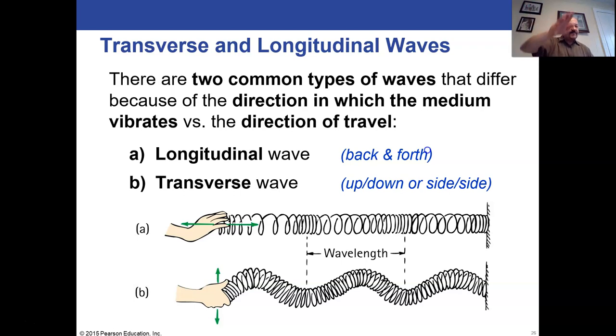The particles are moving up and down, but the wave is actually traveling forward. Whereas in the longitudinal wave, the wave is moving forward and the particles are moving forward and backwards. So they're along the same line, and that is longitudinal.